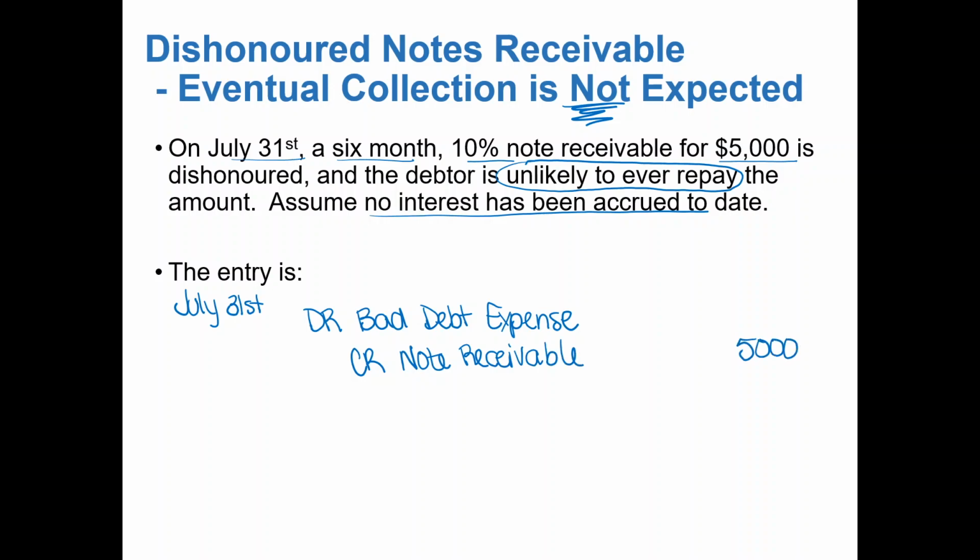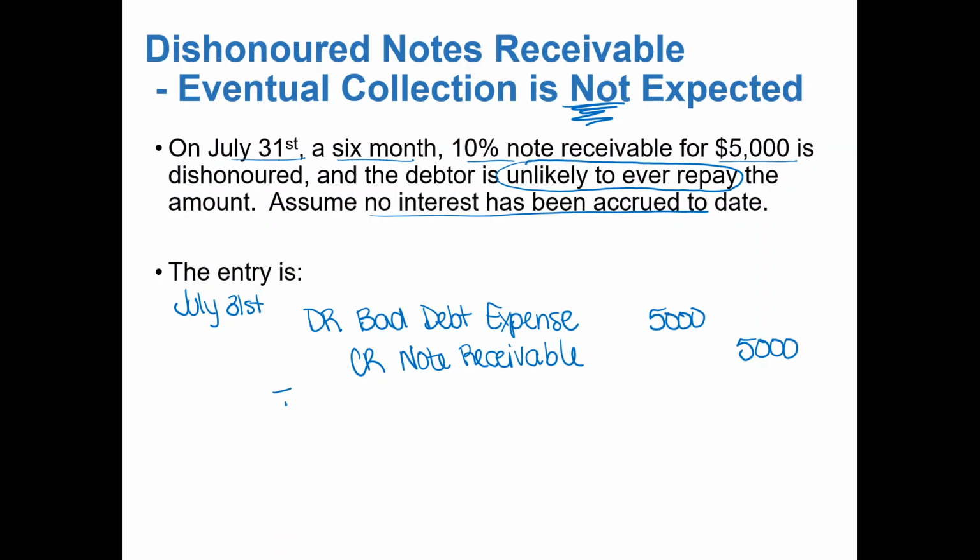And in this case, we don't think we're going to get the amount and no interest has been accrued. So if that's the case, nothing's been booked, we're just going to record the bad debt expense at the amount of the note. So we debit that for the $5,000.